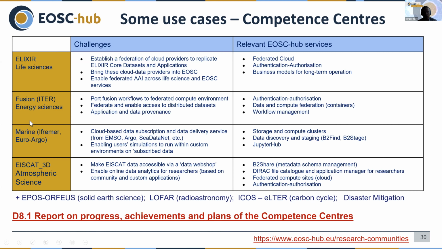So I just listed here 4 of those: the Elixir, the ITER Fusion Science, 2 communities from the marine sciences, and the EOSC-3D atmospheric science community, who are facing different types of challenges, all related to the large-scale computing, data sharing, application sharing, and user authentication. And in the past 2.5 years, they identified relevant services from the EOSC-hub portfolio and started the integration of those.